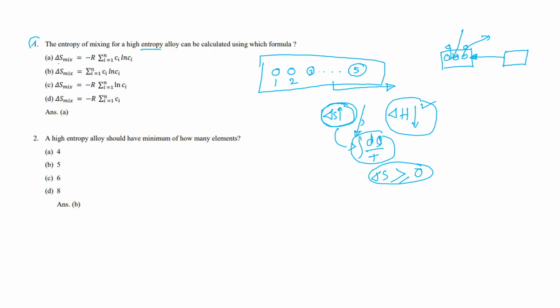Here delta S mixing equals minus R, sum from i to N, where N is the number of metals associated to form the alloy, of C_i ln C_i.